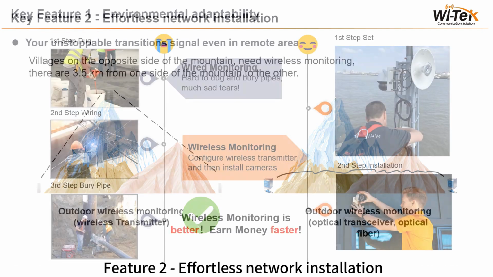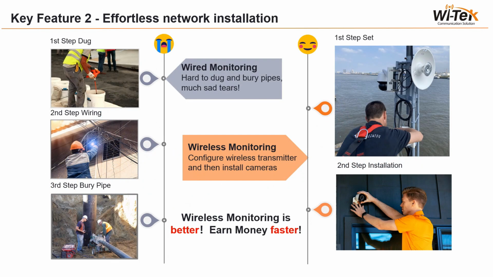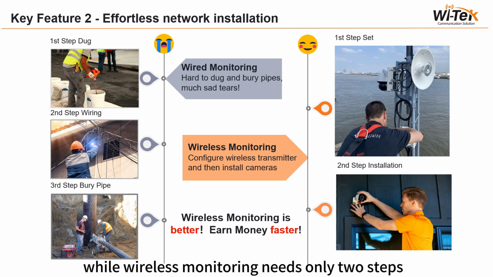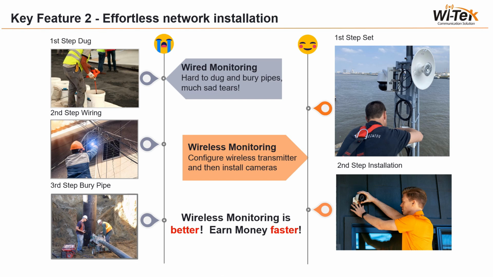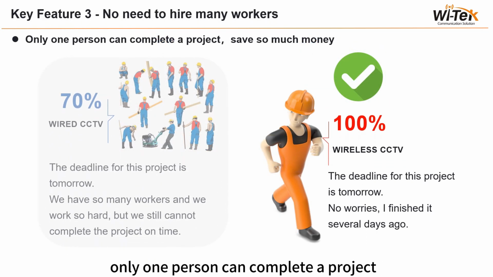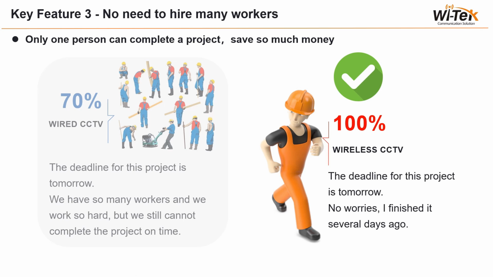Feature 2, effortless network installation. As you can see, wired monitoring can take many workers, while wireless monitoring needs only 2 steps. Feature 3, no need to hire many workers, only one person can complete a project. Saving so much money.